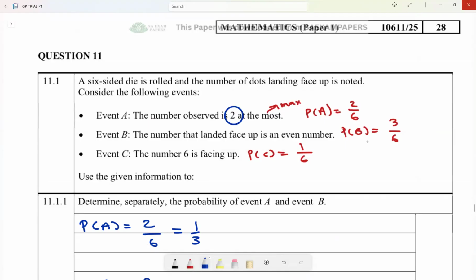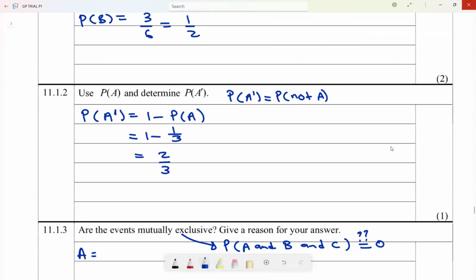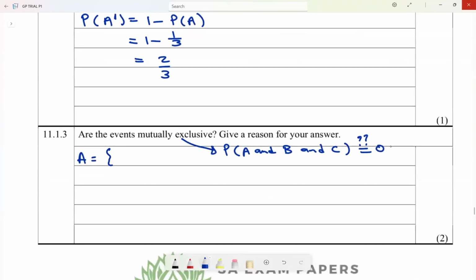So the numbers observed here are 1 and 2. I'm talking about the numbers, no longer the probabilities. For B, the numbers that are even are 2, 4, 6. And for C, it is just the number 6.